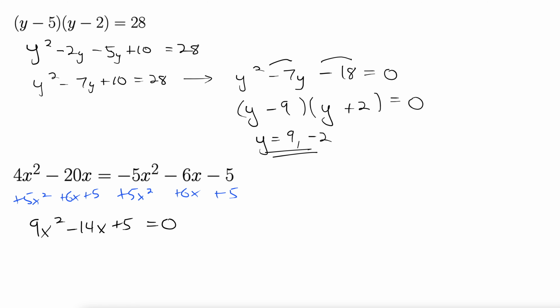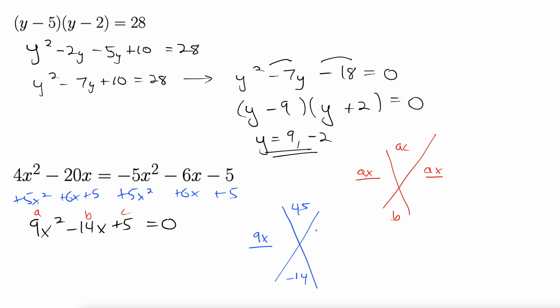Now we want to factor this. I'll use the diamond method for this one. A, B, and C. Remember that the diamond method tells us to put AC here, B here, AX over, AX over. So A times C is 45, B is negative 14, AX is 9x, and then we do our dividing line.